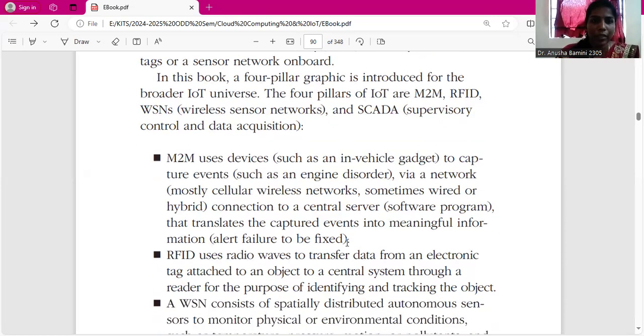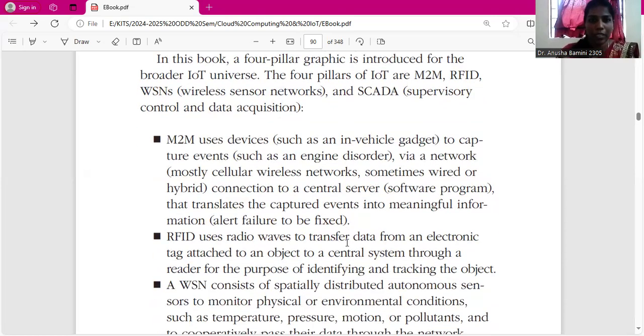First one, M2M, machine to machine. I already explained to you device to device connectivity, such as an in-vehicle gadget. Using this in-vehicle gadget, if any vehicle or engine disorder occurs, you can get the information about where the vehicle is and where the problem occurred, either in the engine or somewhere else.